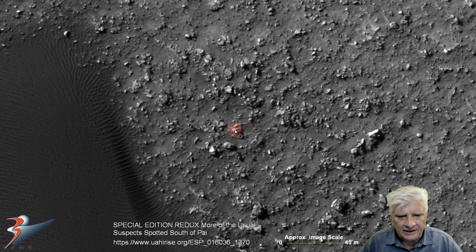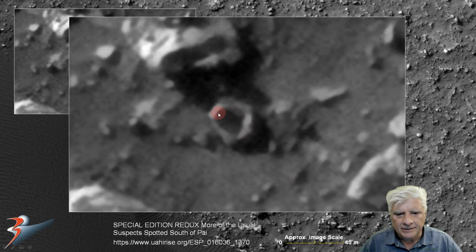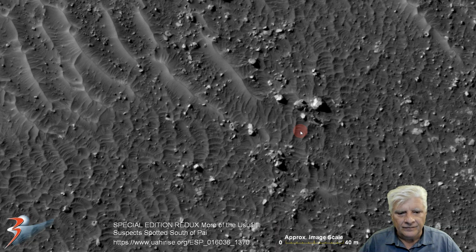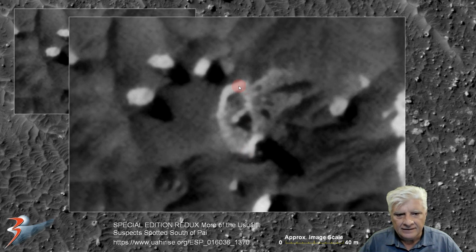Up next, the strange donut-shaped object. Check this out, guys. Seems to be hollowed out on the inside. There's another one. This seems to have something sticking out of the hollowed out part, out of the center.